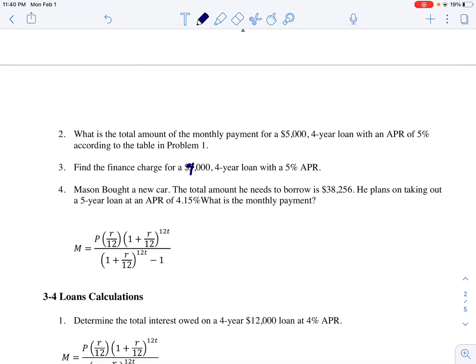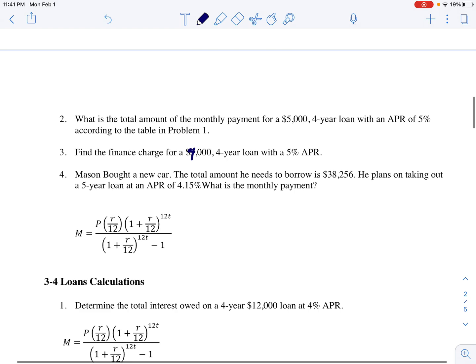Okay. So what is the total amount of the monthly payments for a 4-year loan with an APR of 5% in problem 1? So we're going to take our payments. Okay.